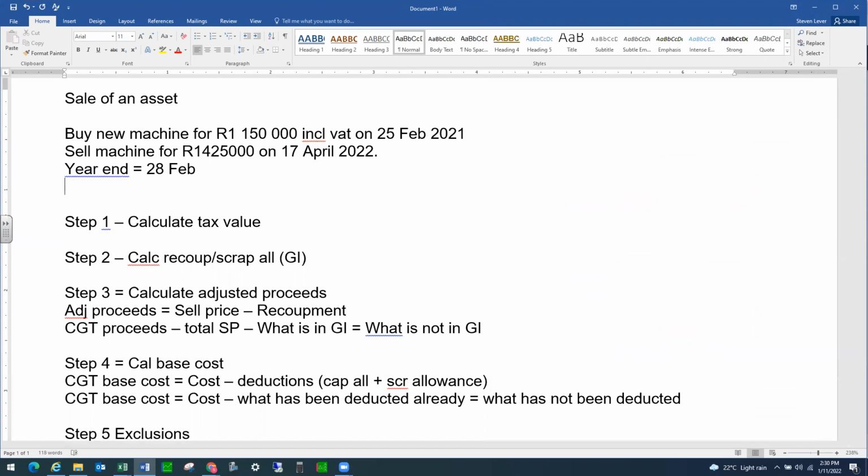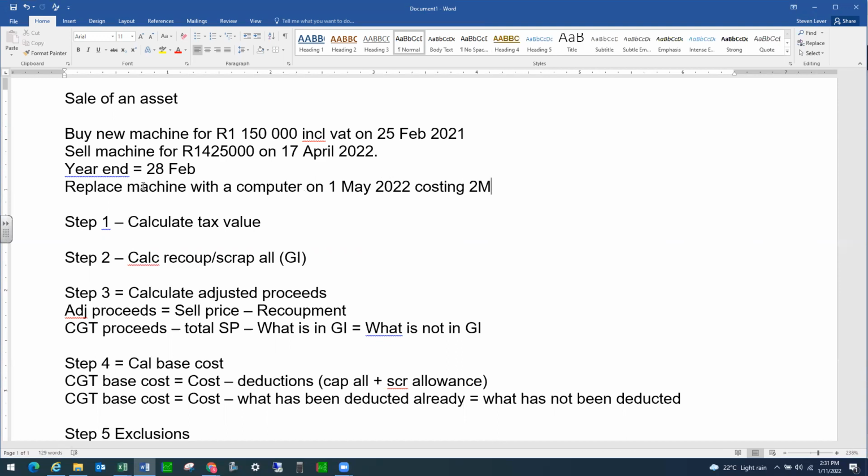And I'm going to say that you replace the machine with a computer on 1 May 2022, costing 2 million.